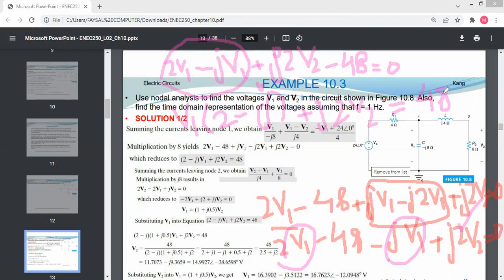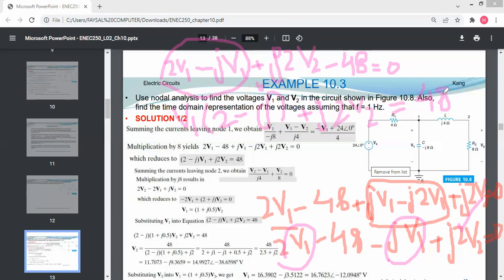After simplification, this will be equal to 2 minus j, bracket close, with the value of v1 plus j2v2, which will be equal to 48. Now here is the solution, basically the completion of the nodal equation of node 1.